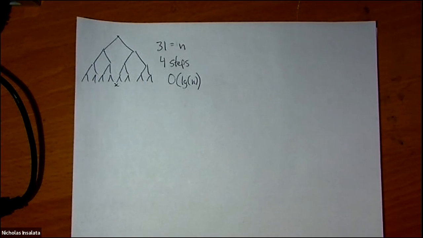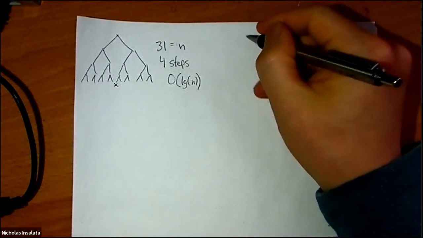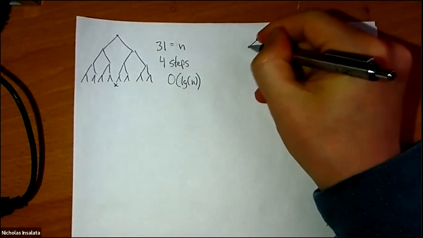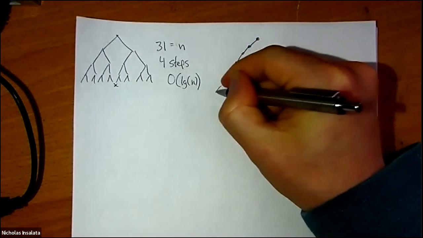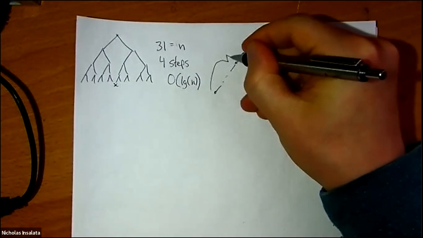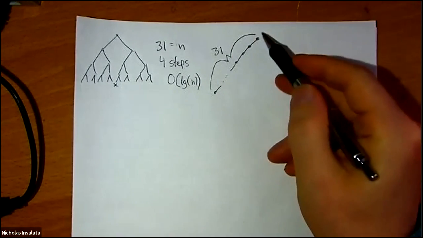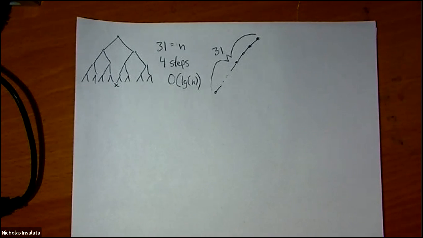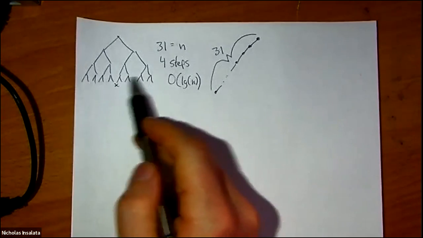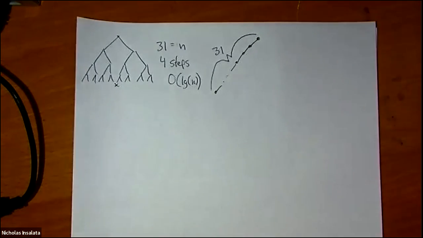Excellent. What if you had a tree that looked like this, where you had only left children, and all 31 of them are arranged as left children? This is the most balanced tree. This is the most unbalanced tree.